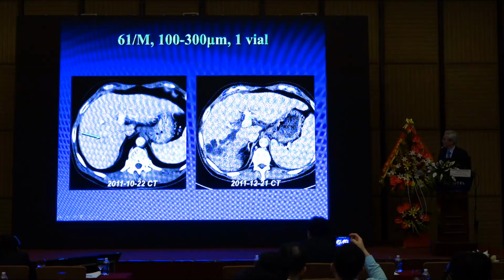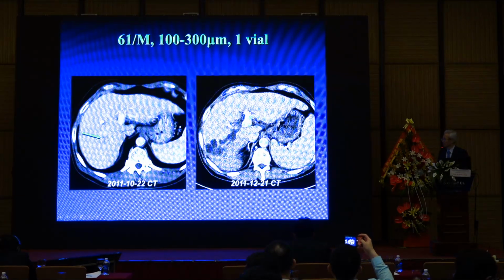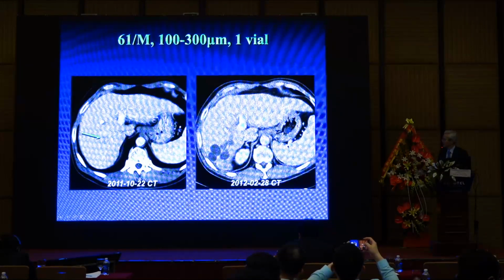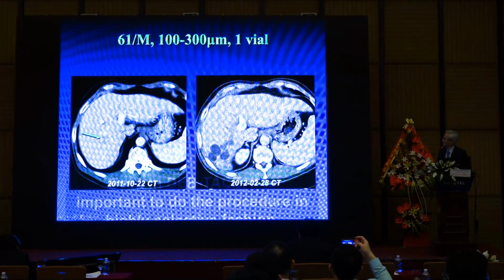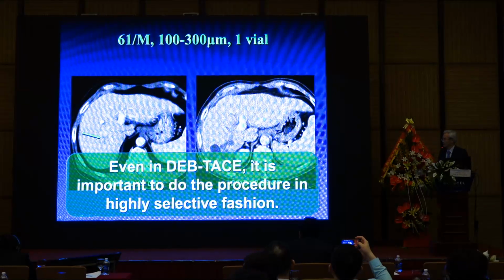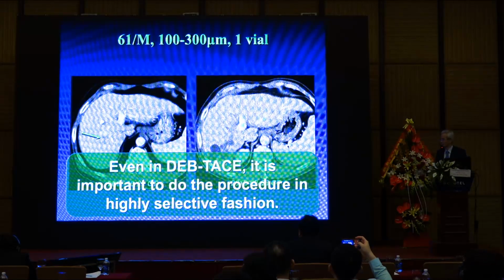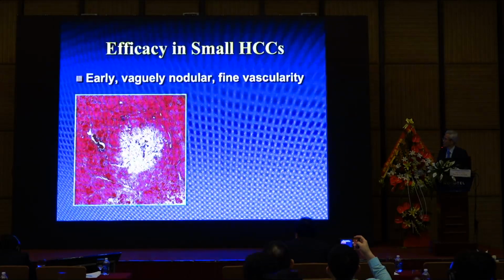However, in addition to tumor necrosis, you can see biloma formation and thrombosis of the portal vein, and then the whole right posterior section underwent severe atrophy. So even in that case, it is very important to perform the procedure in a very highly selective fashion to avoid biliary complications.